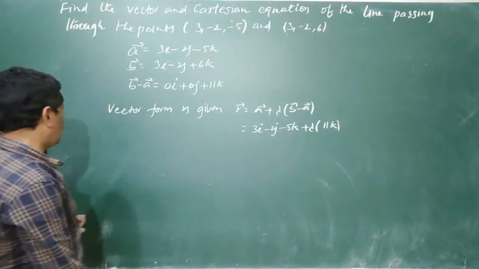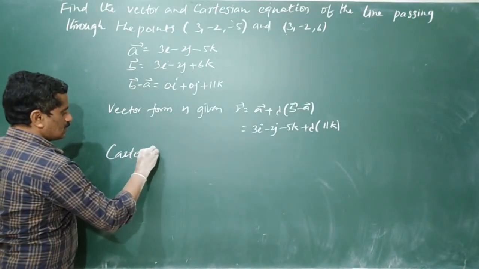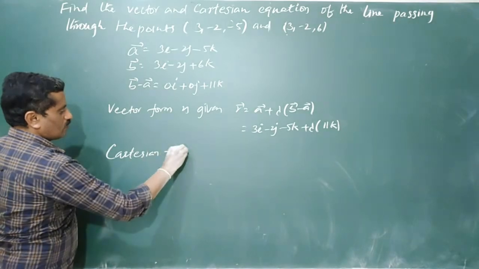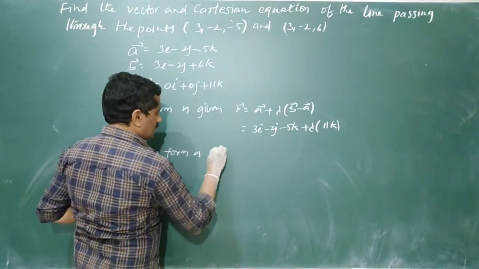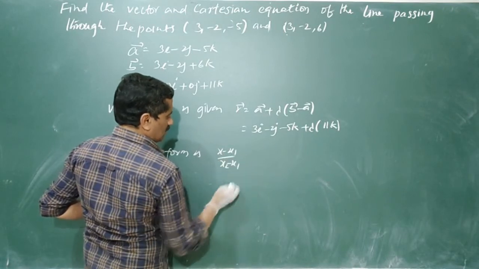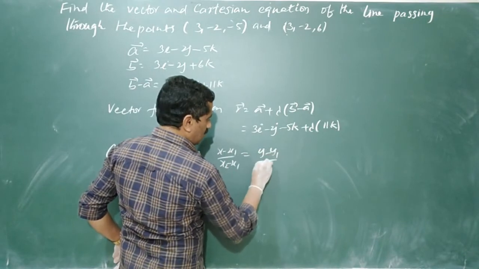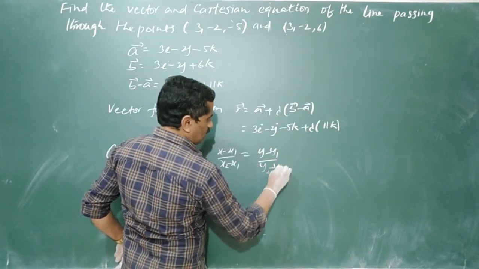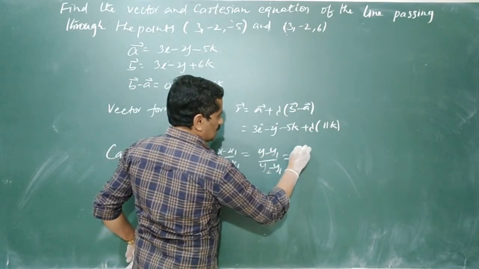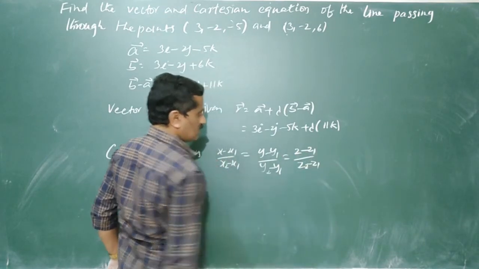So similarly the Cartesian form is x minus x1 by x2 minus x1 is equal to y minus y1 by y2 minus y1 is equal to z minus z1 by z2 minus z1.